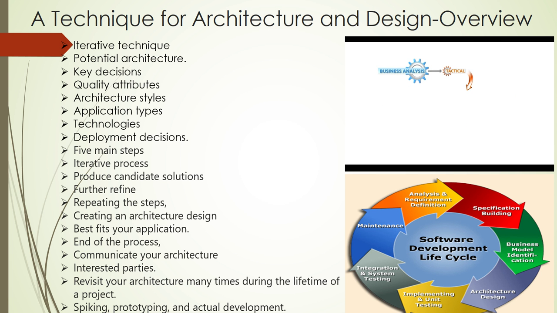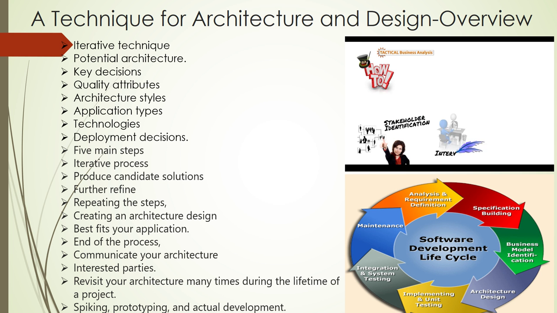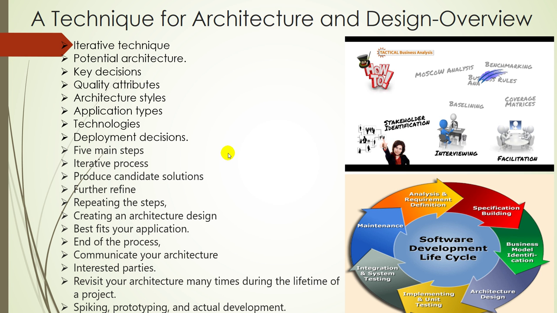Tactical business analysis is at the project or initiative level to flesh out the details of the proposed solution and to ensure that it meets the needs of the business community. Commonly used techniques at this level include stakeholder identification, interviewing, facilitation, baselining, coverage matrices, MoSCoW analysis, benchmarking, business rules analysis, change management, process and data modeling, and functional decomposition.